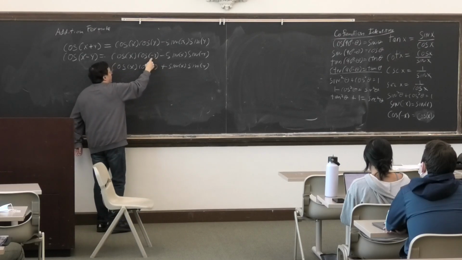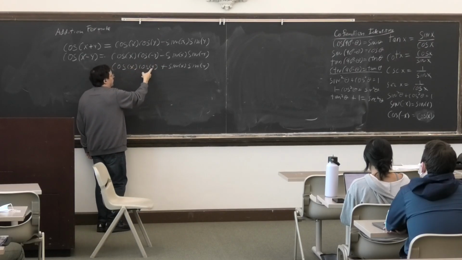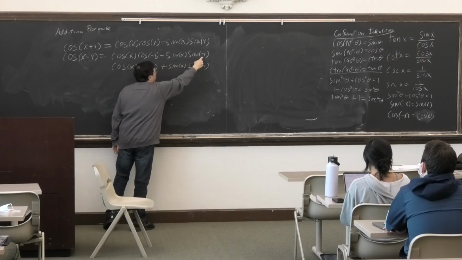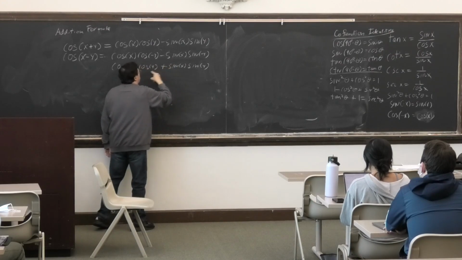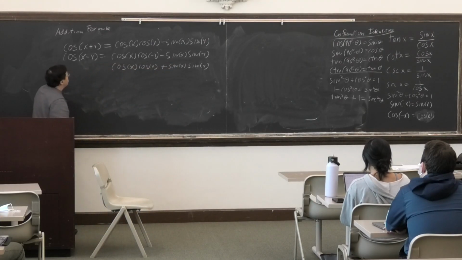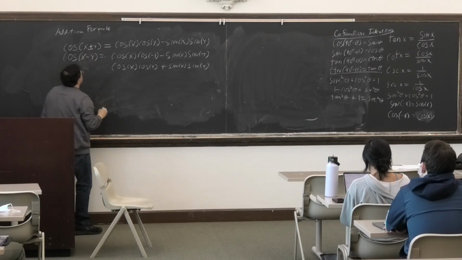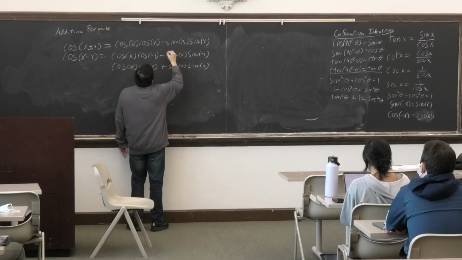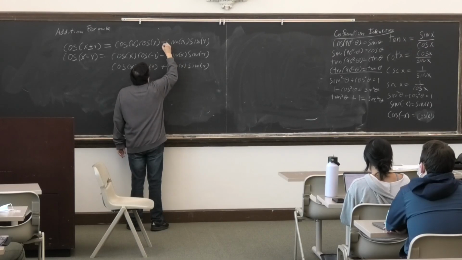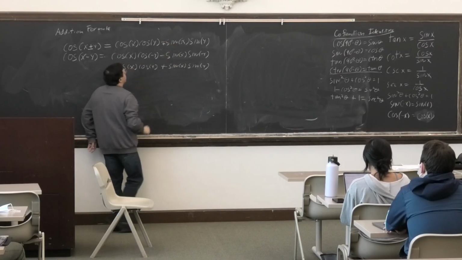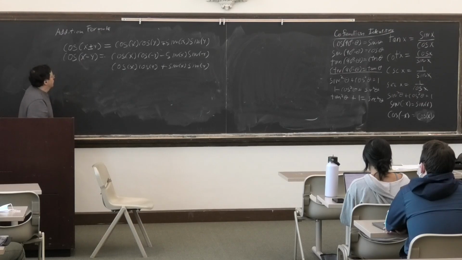In other words, the negative y here is just the same as y. The negative gives you a minus, so this becomes plus. So sometimes we'll write this more simply as x plus or minus y is minus plus. So we can simplify that a little.